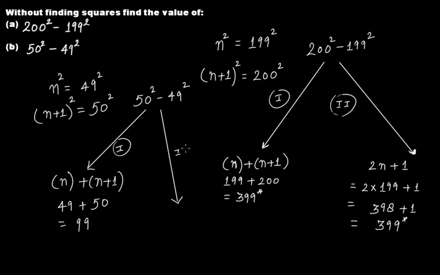And the second way is 2n plus 1. So 2 times 49 plus 1, which gives you 98 plus 1, and this is equal to 99.